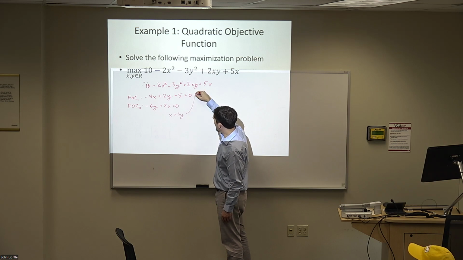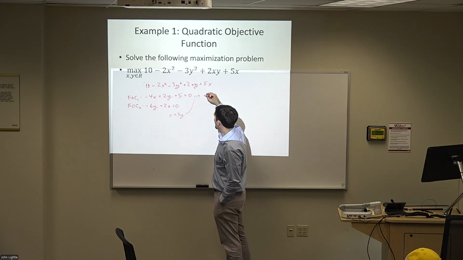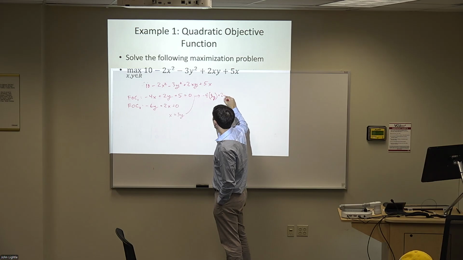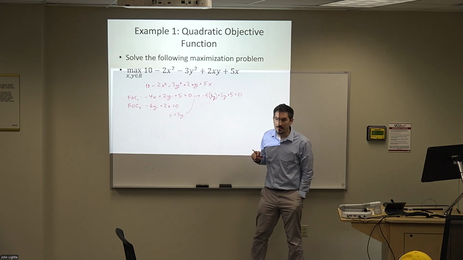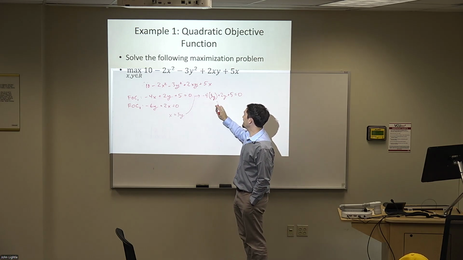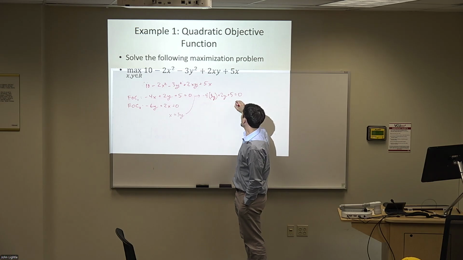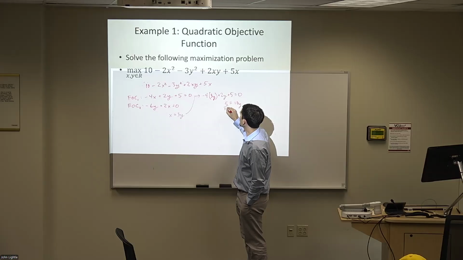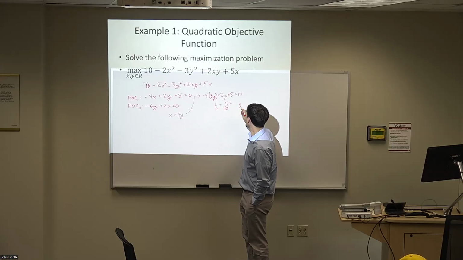Plugging that into there and getting, instead of negative 4x, we get negative 4 times 3y plus 2y plus 5 equals 0. Now we can solve for y. Negative 12 plus 10 is negative 10y. I'm going to add that to both sides and get 10y equals 5. Then divide both sides by 10 and get 1/2 equals y.